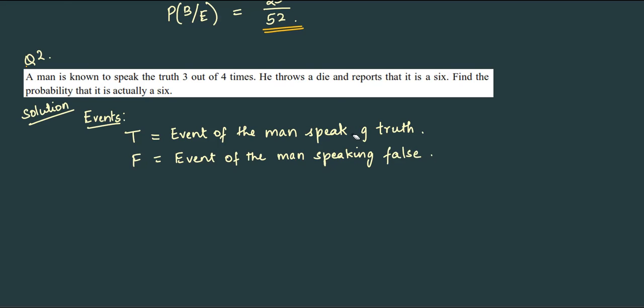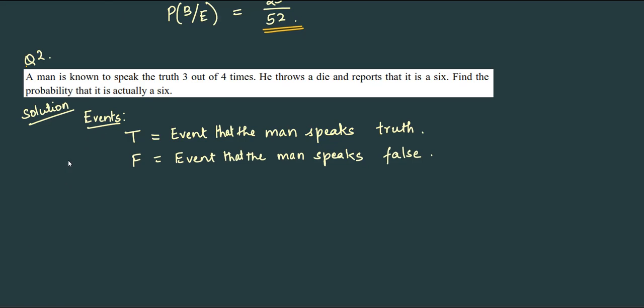And F, the event of the man speaking lies, untruth, or falsity. The event that the man speaks truth, and the event that the man speaks false. Now the experiment is the rolling of a die.